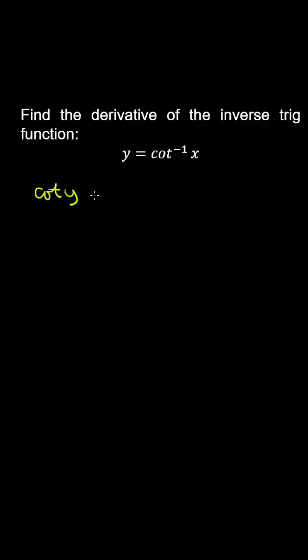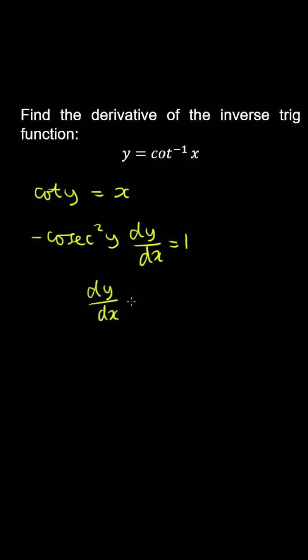So taking the cotangent of both sides, and differentiating implicitly with respect to x, we get minus cosec squared y dy dx is equal to 1. So therefore dy dx is equal to minus 1 over cosec squared y.